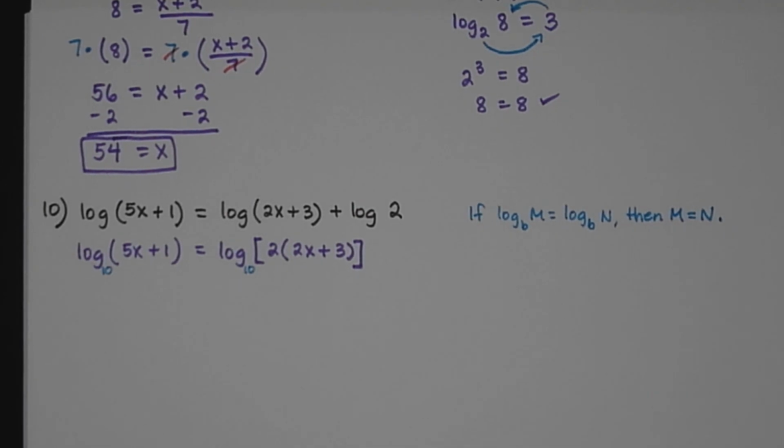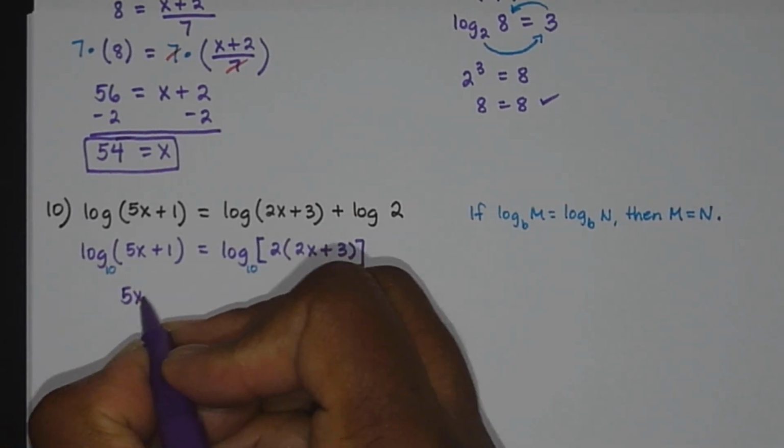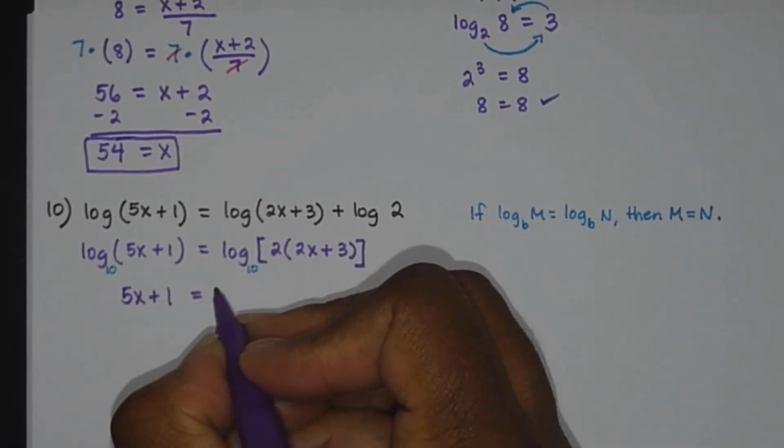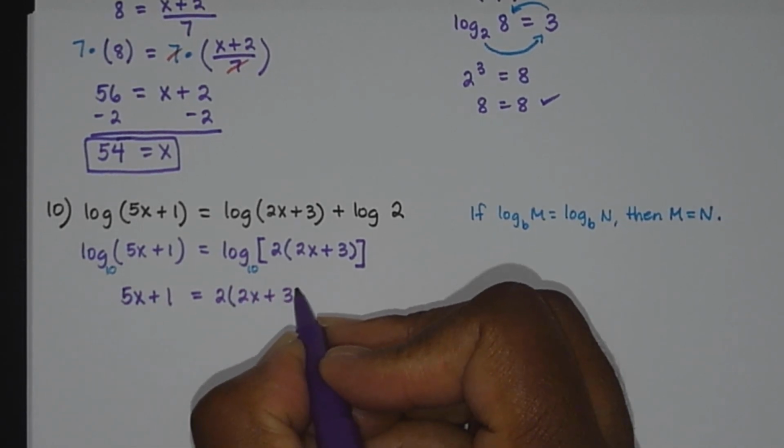That's the one-to-one property. So that means here I can take that 5x plus 1, set that equal to 2 times the quantity 2x plus 3.